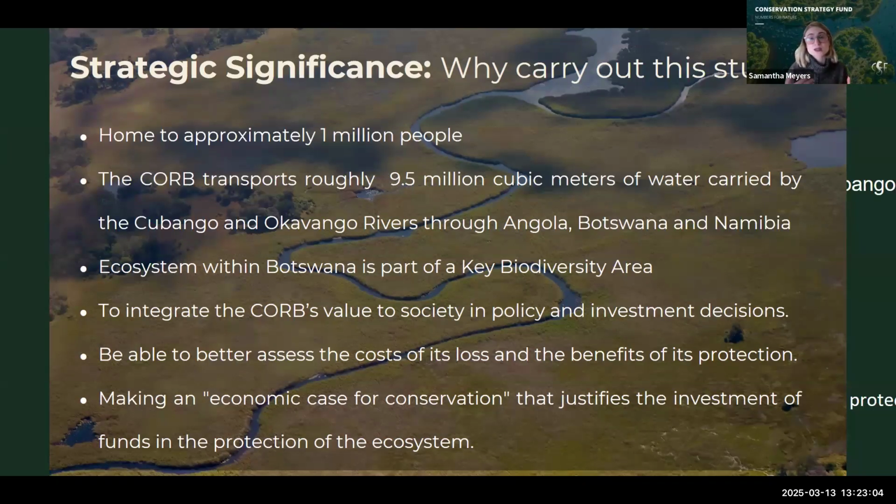Really, it will help us communicate the benefits of keeping this nature together and restoring parts of it as well. So this is one of CSF's goals of making the economic case for conservation, justifying investment in conservation by using the proof of a really large economic value for these ecosystems. Next slide, please.